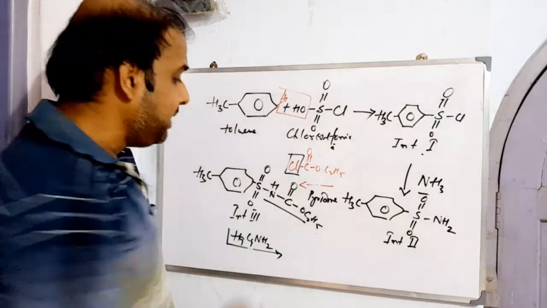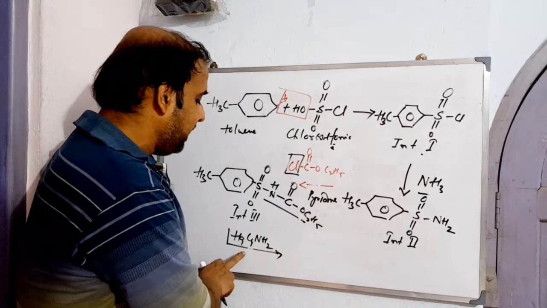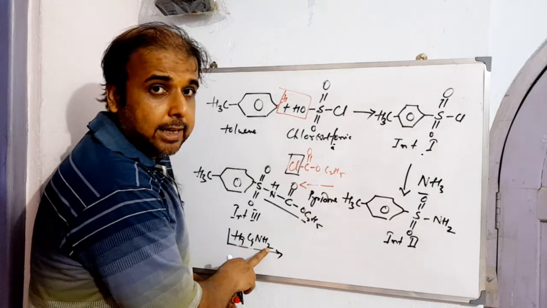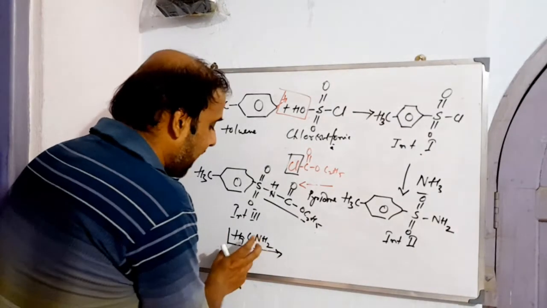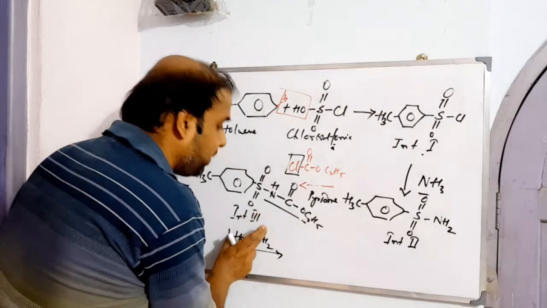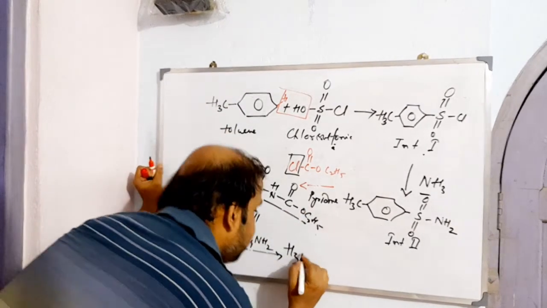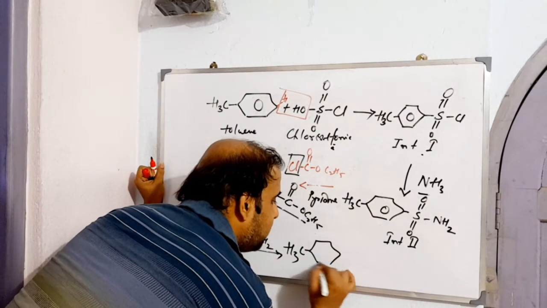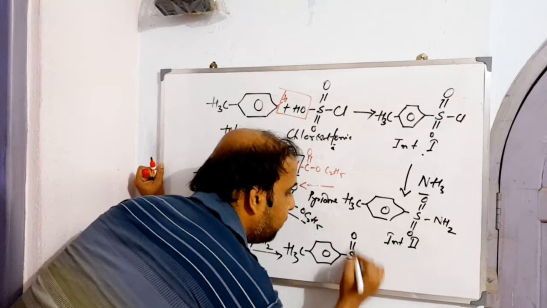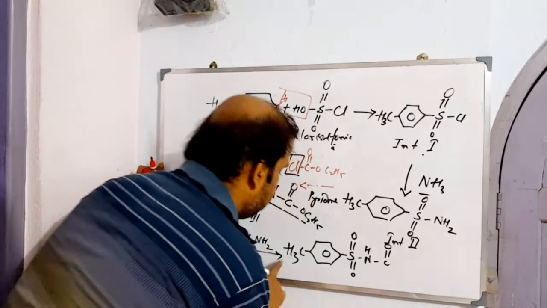So what will happen? C2H5O minus is a good leaving group, right? This will leave and this will take one hydrogen from this amino group, and the portion which is left should attach to this carbonyl, right? Thus we got what? Not the intermediate, rather the final compound, that is sulfonyl, then NH, then CO, then the butylamine, right?